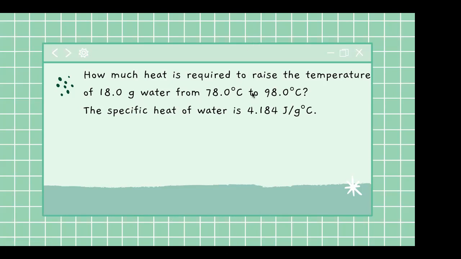Okay, so in this problem, can anyone tell me how we would set up the equation? We have Q equals MC delta T.